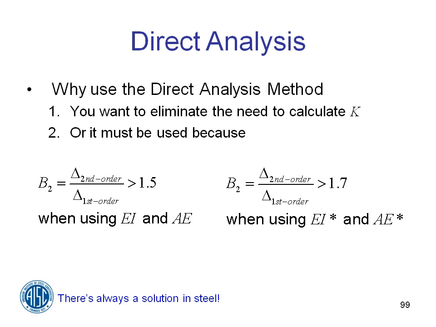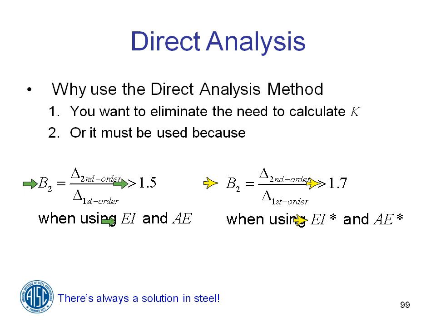And you have to use the direct analysis method if you have significant second order effects. And you define significant second order effects as either B2 being greater than 1.7 if you're using the reduced stiffnesses of the direct analysis method, or you define B2 as being greater than 1.5 if you're using the normal stiffness.